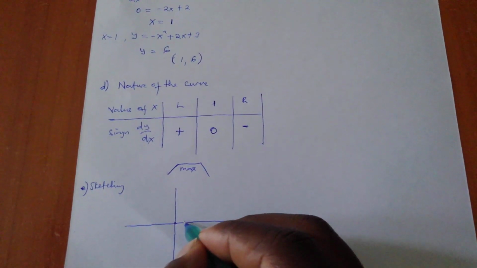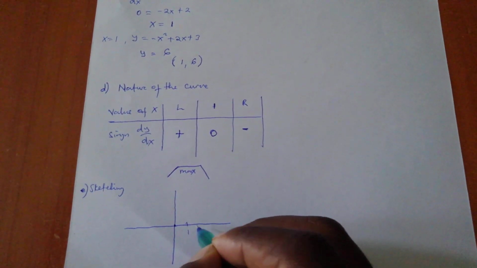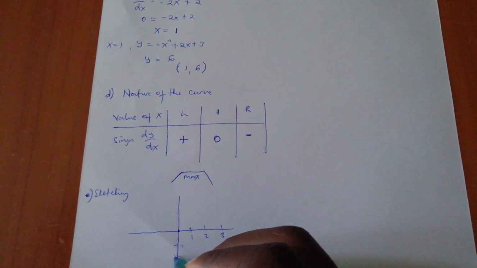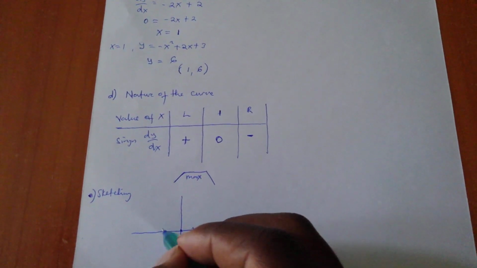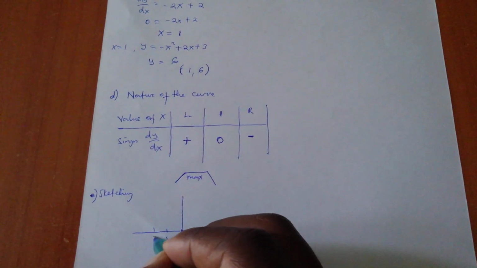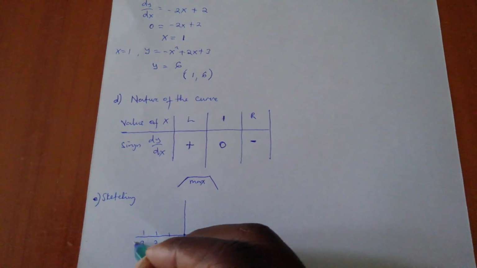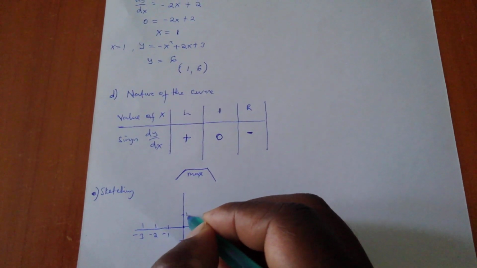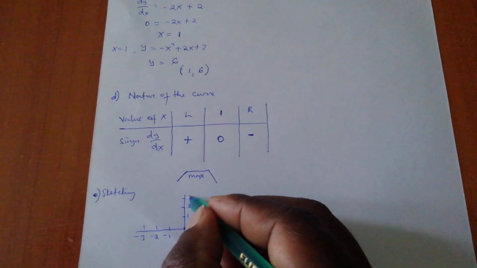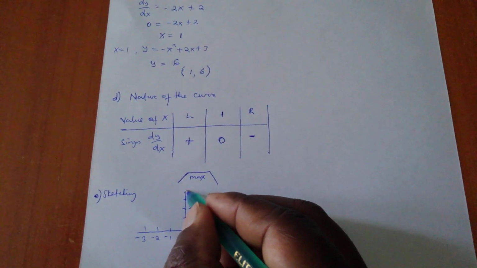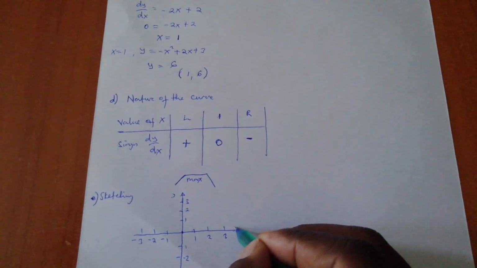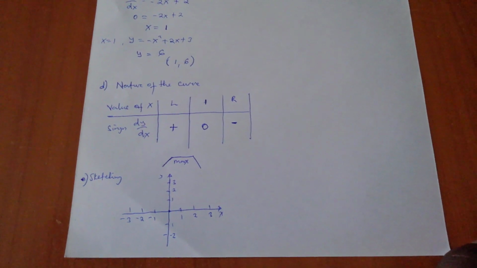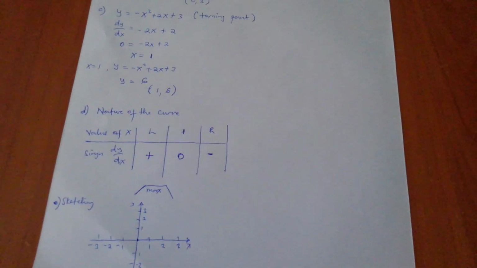If I take this point to be my 0, this is 1, this is 2, this is 3, this is negative 1, negative 2, negative 3. And on the vertical, this is 1, this is 2, this is 3. This is the y-axis. This is the x-axis. And I'm trying to draw the curve which is required.